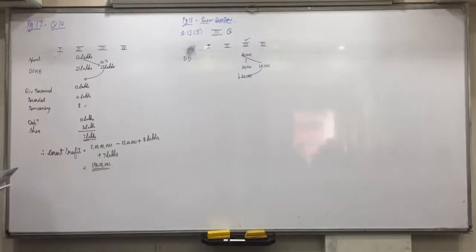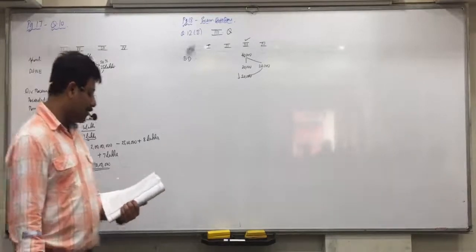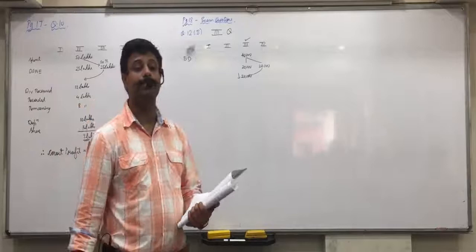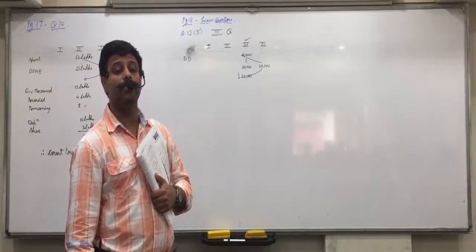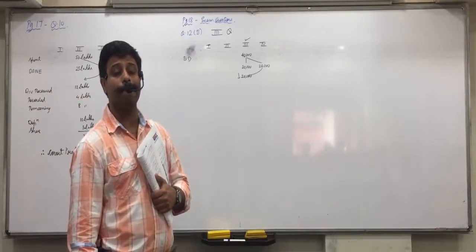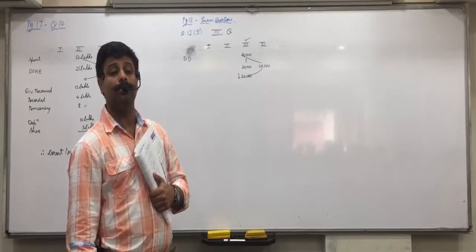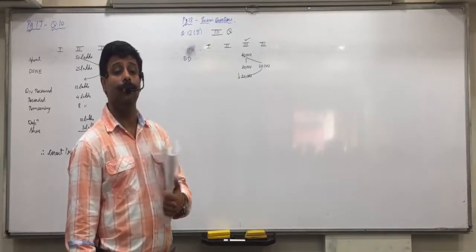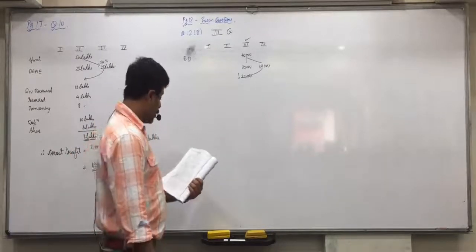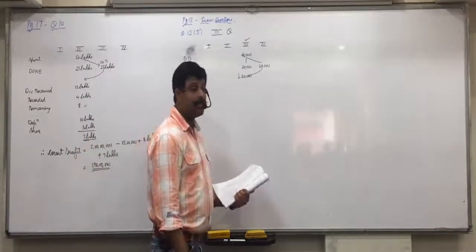Next. Okay, 60,000 extraordinary gain received on July 31, 2012 was allocated equally to second, third and fourth quarters of financial year 2013. What will we do? How much? 20,000. Should we add or minus?